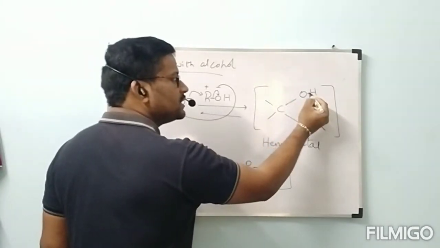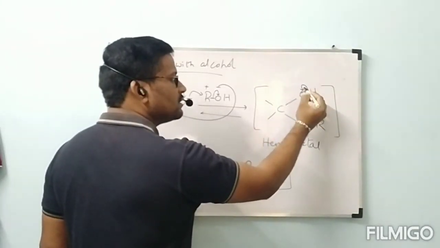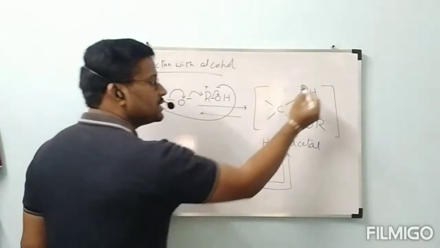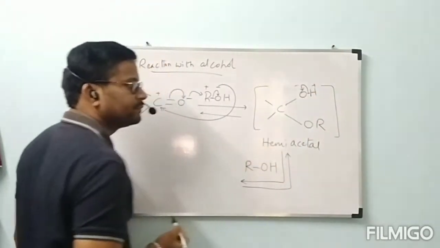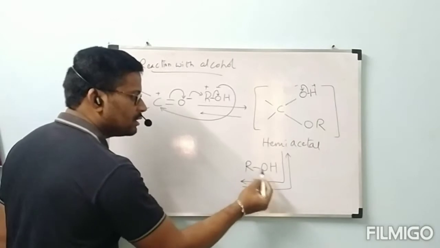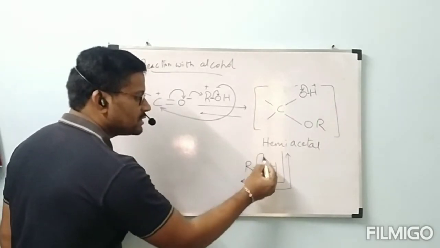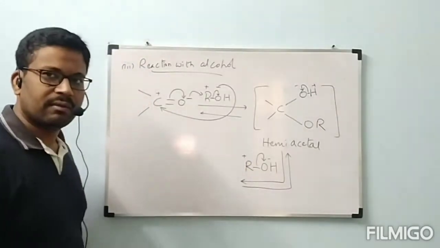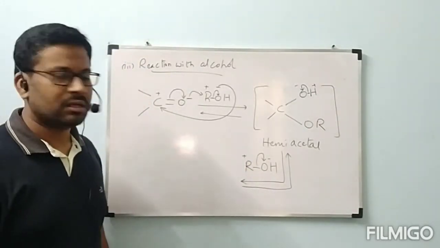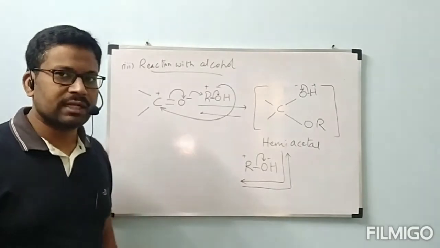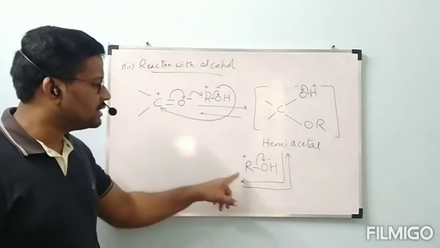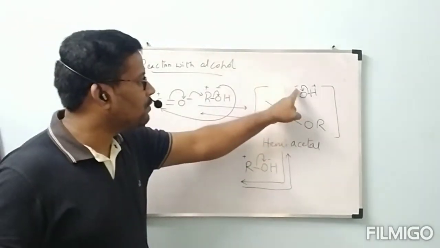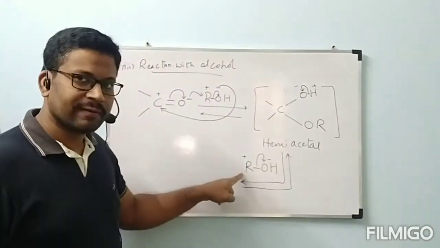Between this O and H, the bond is shifted as O minus and H plus. Next, this bond is shifted as O minus, and this gets R plus. Between R and O, the bond will be cleaved towards the O side, forming OH minus and R plus. Now O minus will attack R plus.